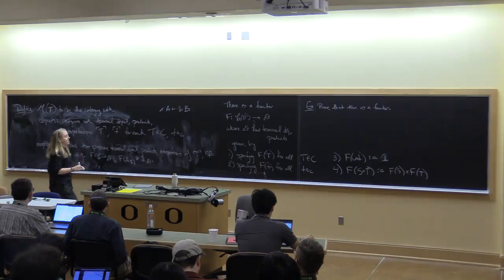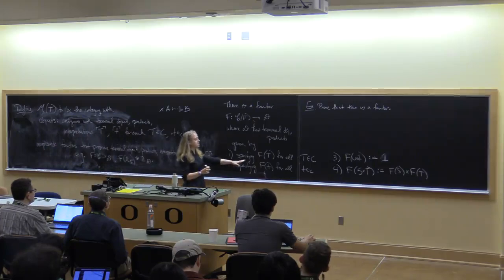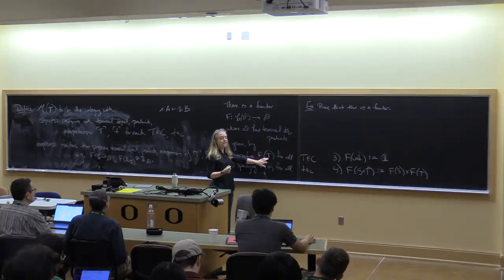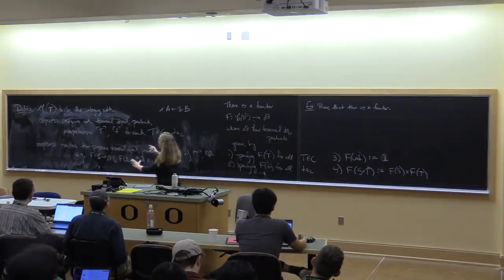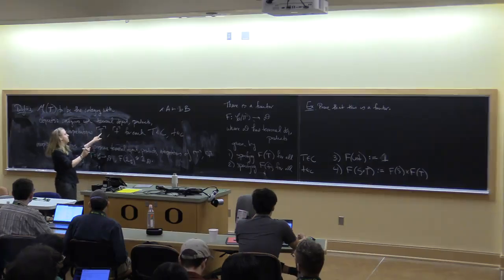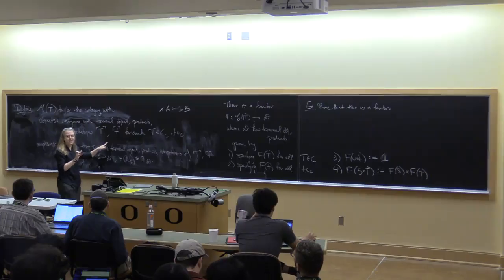Yeah, so here, we have to choose where to send a T from the syntactic category, like one of these generating types in the syntactic category, to some object in D. And we're not talking explicitly about the syntactic category in the background, but we just have a category T, and a category D, and we want to say where a T goes. And I'm not mentioning the syntactic category explicitly. Okay. I'll be quiet. Thanks.